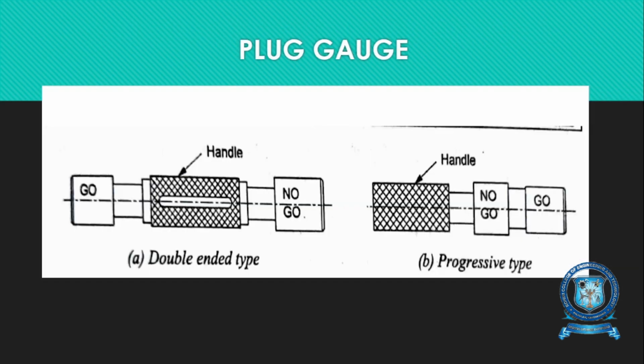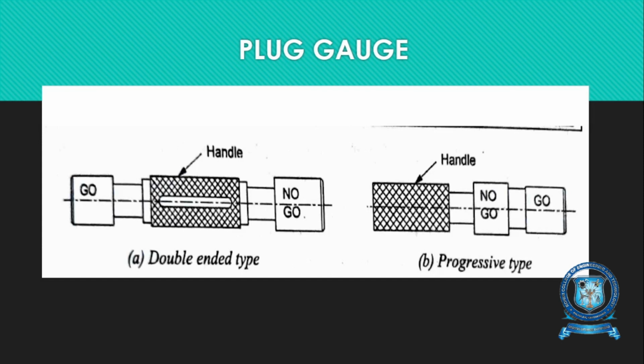So there are different types of gauges, or classification of limit gauges. Based on the work, the limit gauges vary according to the shape or purpose for which they are used.